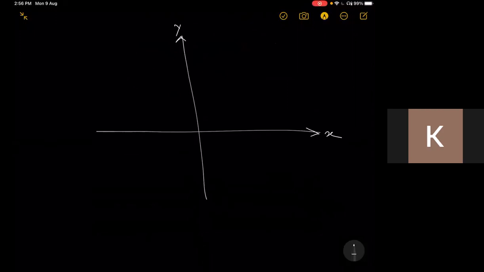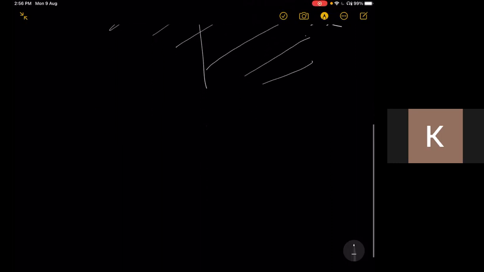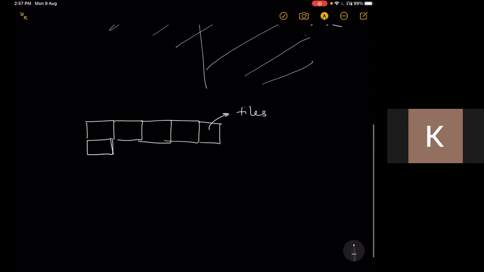First one is, if you are given this infinite xy plane and you have to tile it, you can tile like this. This is one kind of tiling. All these are tiles. Like this, you have to tile the entire plane.